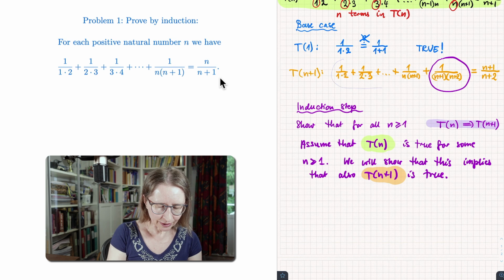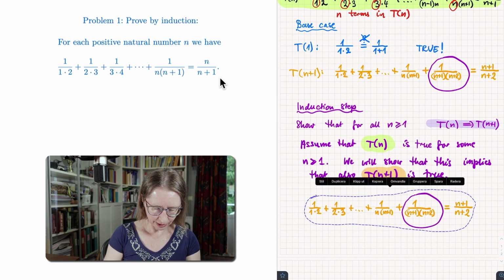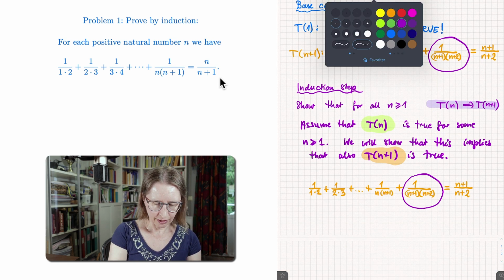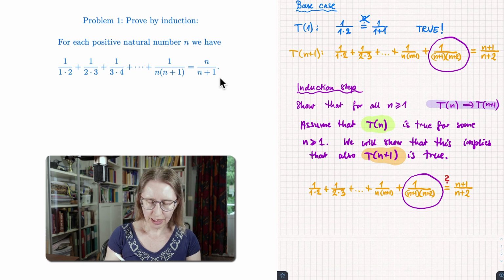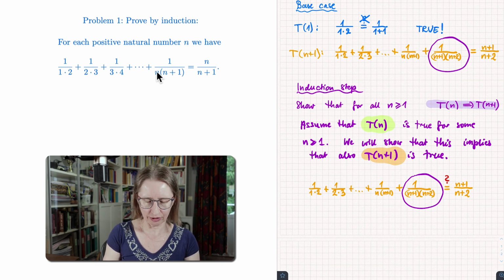And now I will duplicate this formula for n plus 1 and copy it here. So now I'm supposed to verify that this formula is true for n plus 1 instead of n, right?